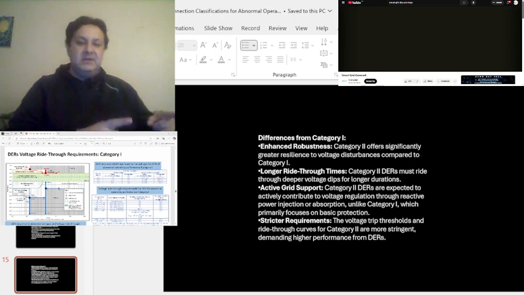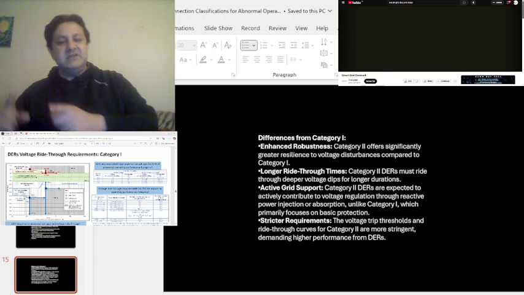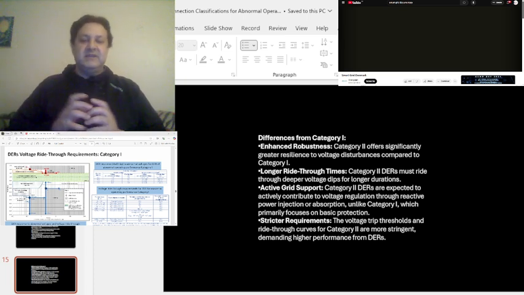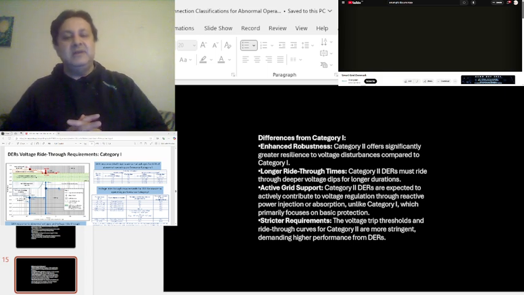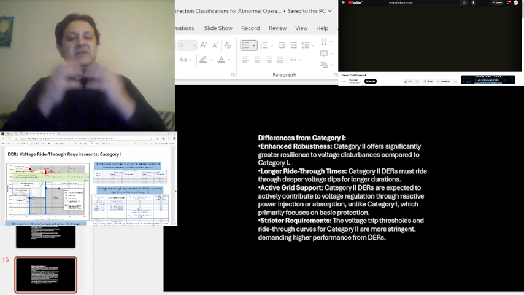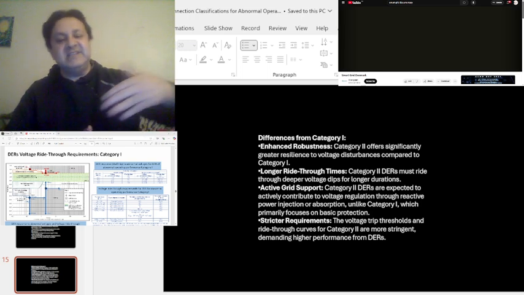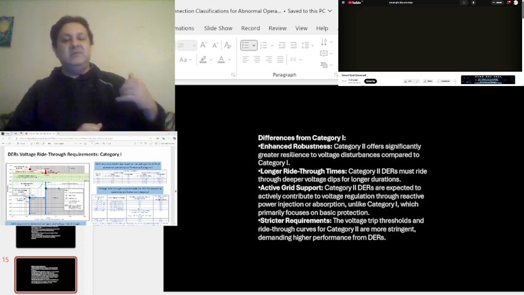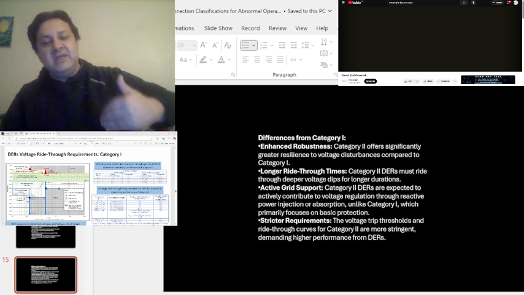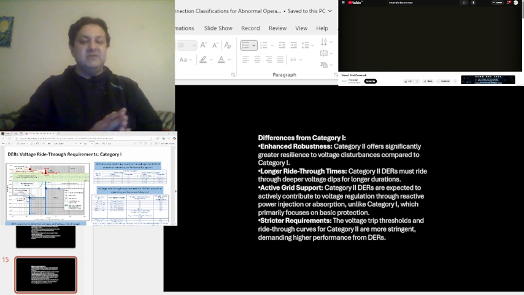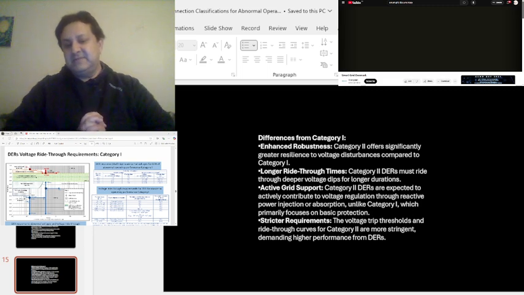Over there, it was shallow dips for a shorter duration of time. Now, active grid support: DERs in category 2 are expected to actively contribute to voltage regulation through reactive power injection or absorption. So we have injection and absorption here as well. Unlike category 1, which primarily focuses on basic protection, in case of 1 it is just for the basic protection, but now it is doing the power injection and absorption as well.